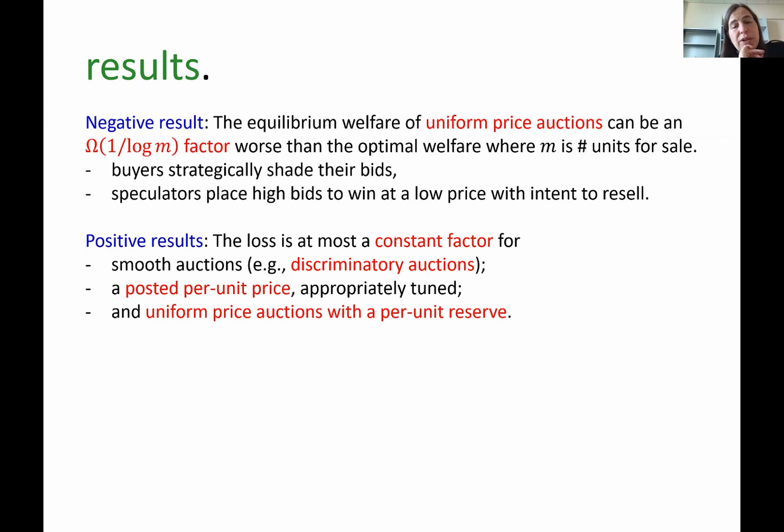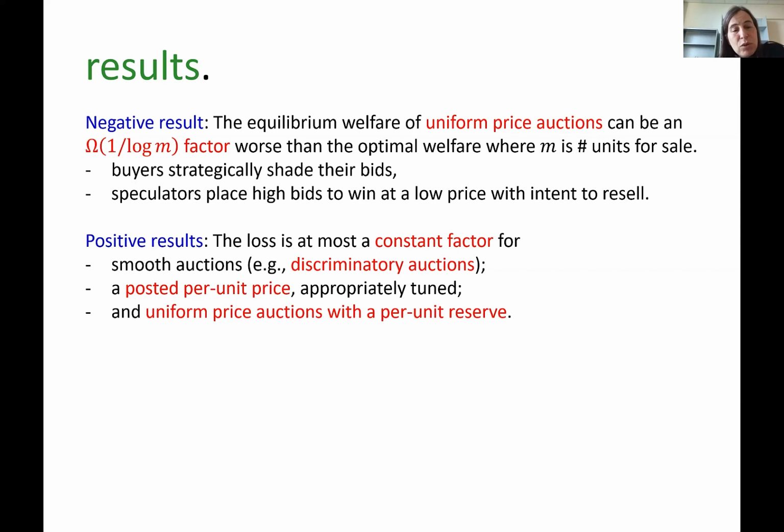I'll show you that if the auction satisfies a condition called smoothness, which I'll introduce later, but an example of a smooth auction is a discriminatory auction, which is the multi-unit equivalent of a first price auction. So if the auctions are smooth, then we lose at most a constant factor.